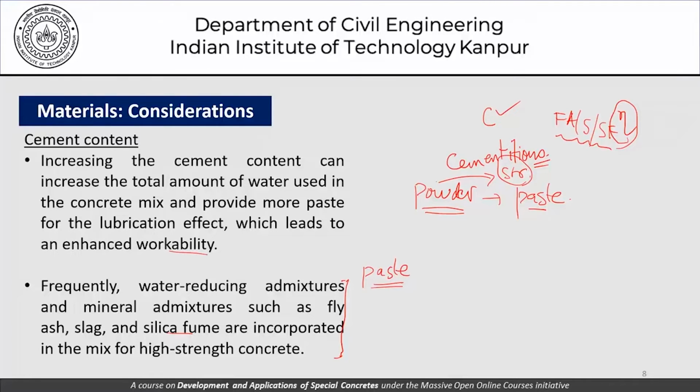But having said that, the whole contribution, that is the entire fly ash amount or the slag amount or the silica fume amount, does contribute to the paste content as far as the concrete is concerned, and therefore the properties of fresh concrete, which are governed by the powder content and the paste content.